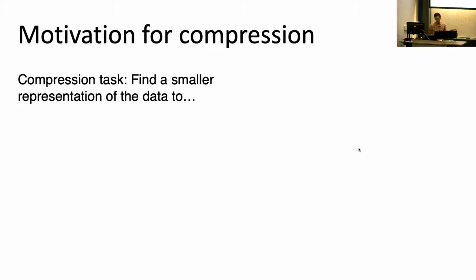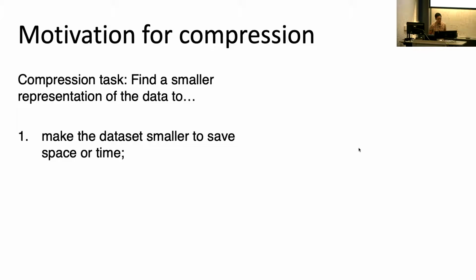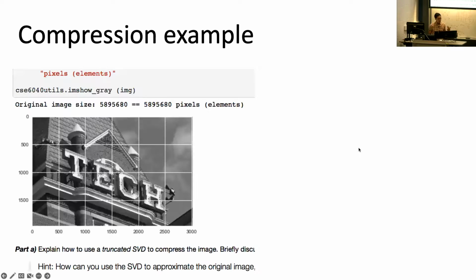We're motivated by compression for a couple of reasons. One is that we just want to save time and space. For example, say I have an image that is however many pixels by however many pixels, with a total of maybe 6 million pixels.